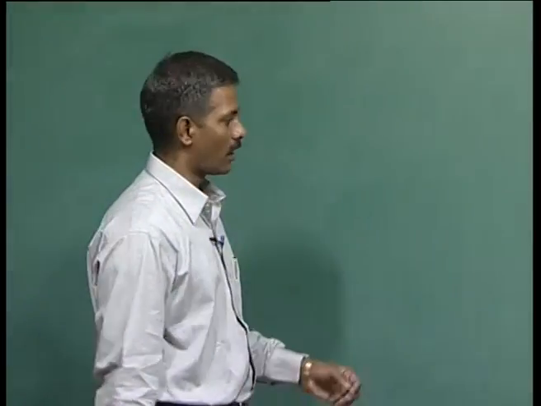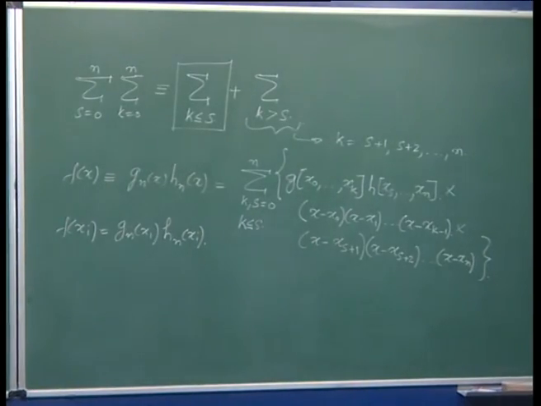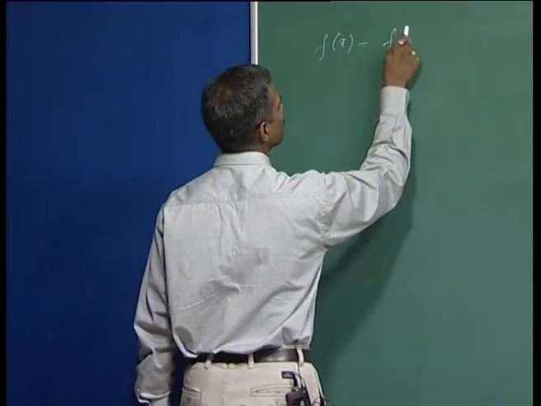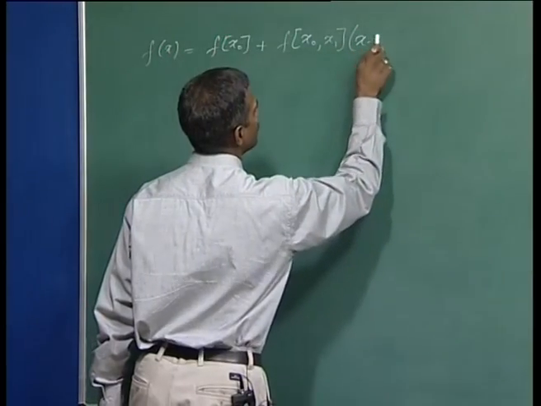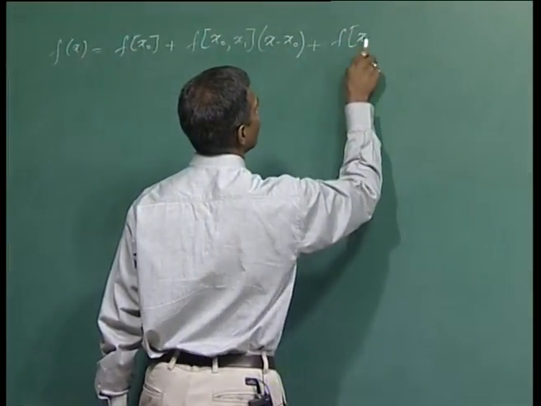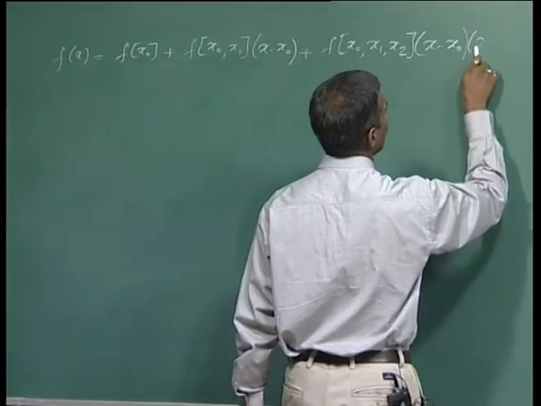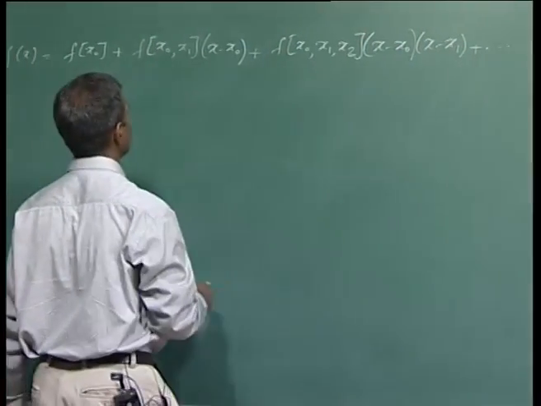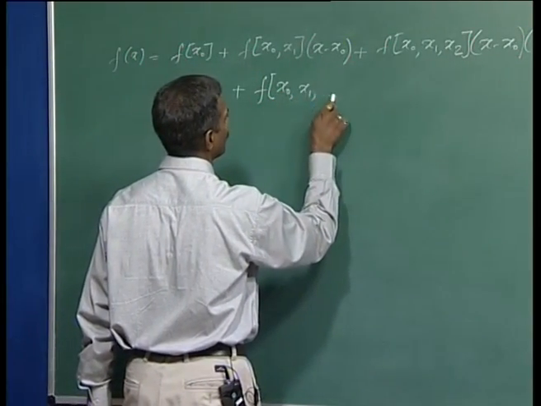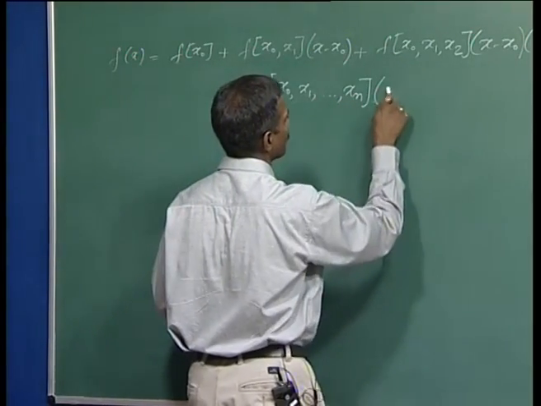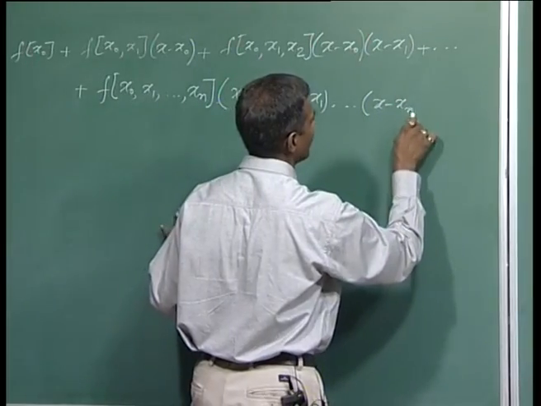Okay, so using Newton's polynomial, we can write the nth degree approximation for f, and that would be f of x equals f[x0] plus f[x0, x1] times x minus x0 plus f[x0, x1, x2] times x minus x0 times x minus x1 plus, and the last term, of course, is the nth divided difference in f, and then x minus x0, x minus x1 up to x minus xn minus 1.